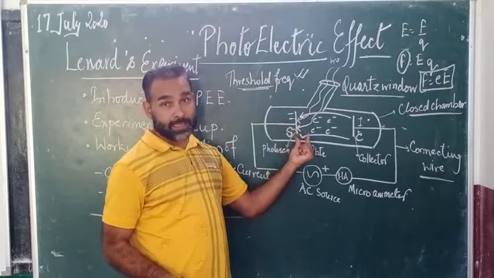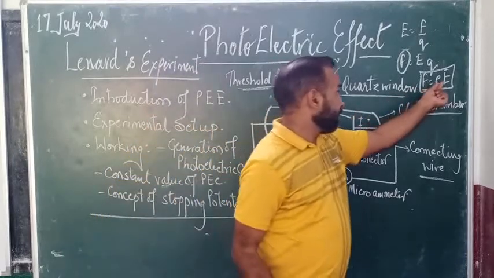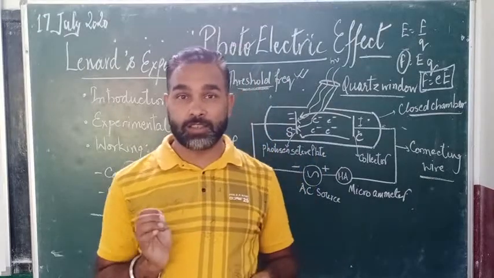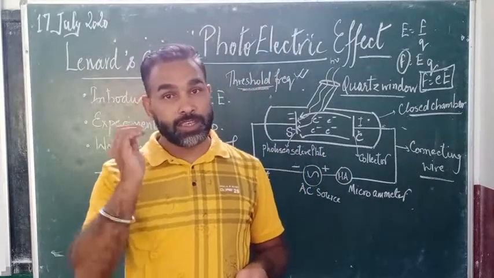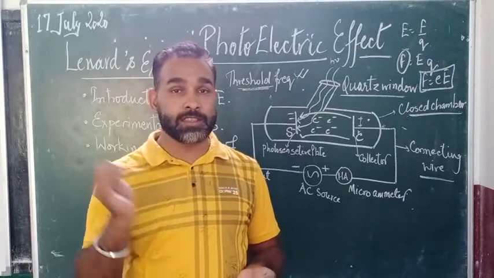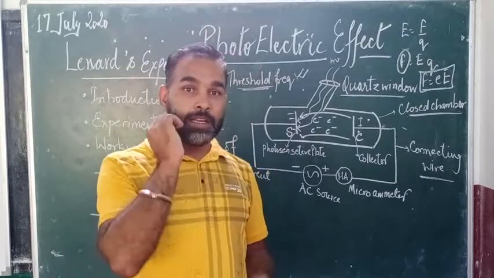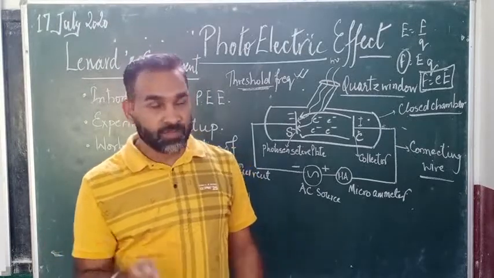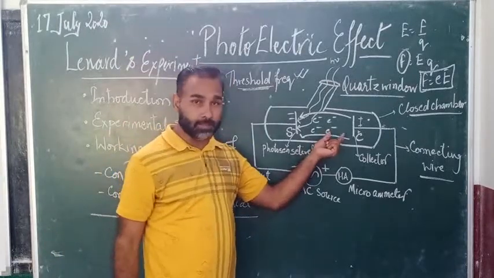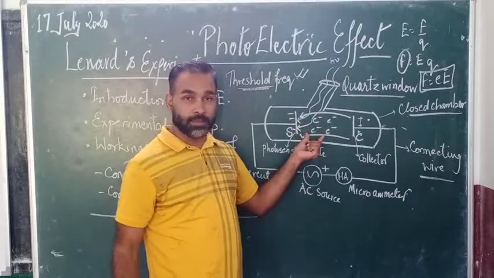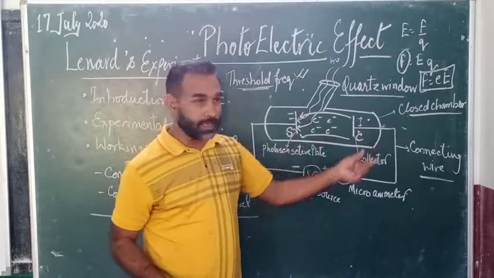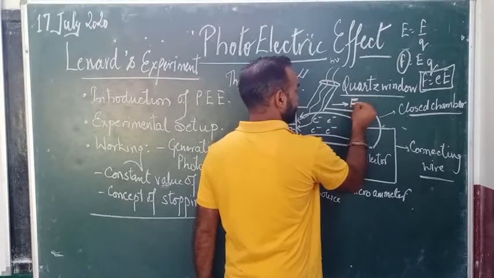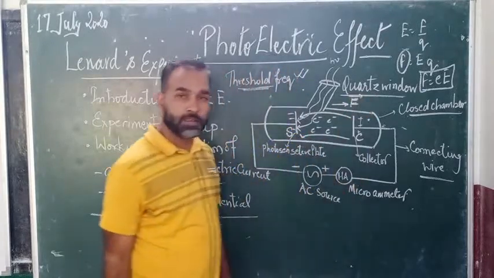Now as soon as the electric field is established, force will be experienced by the electrons in the opposite direction of the electric field, because they are negatively charged. A positive charge experiences force in the direction of the electric field, and a negative charge experiences force in the opposite direction. So force will be experienced in this direction. Correct?